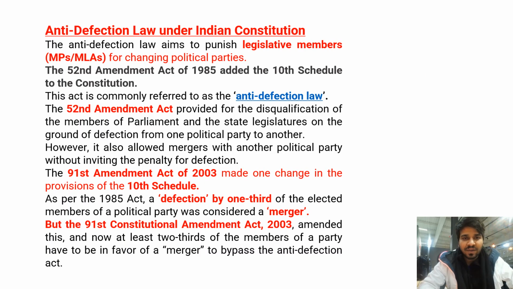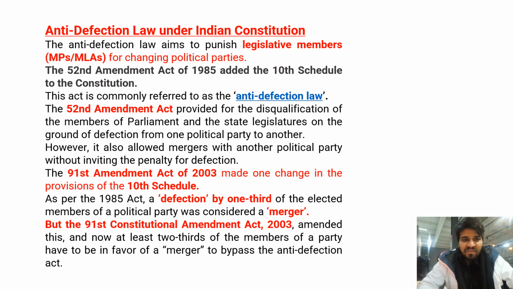So what is the anti-defection law under the Indian Constitution? The anti-defection law aims to punish legislative members for changing political parties, right? It came through the 52nd Amendment Act 1985 and added the 10th Schedule to the Constitution.